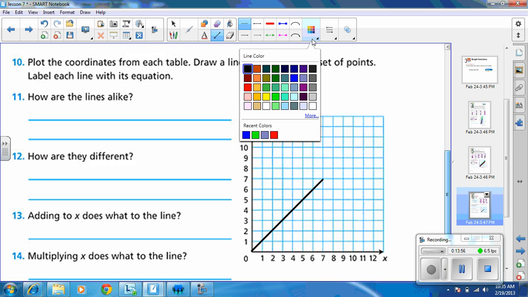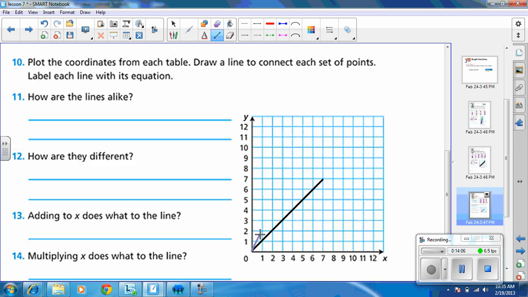When it's multiply by 2, so x is 0, 0, multiply by 2, it's still 0, 0. 1 times 2 is 2, so just kind of connecting up. It's 4. Okay, just watch each of your points and make sure you're increasing by the proper increment.